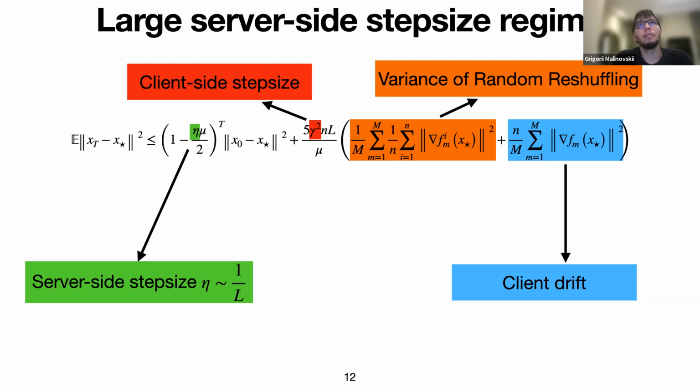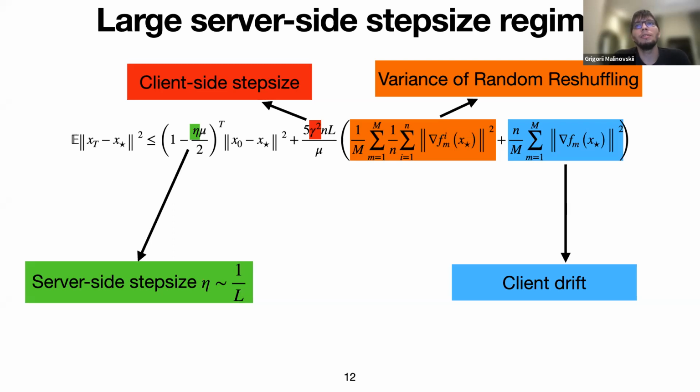Here gamma should be proportional to the square root of epsilon multiplied by our constants, and that's it.